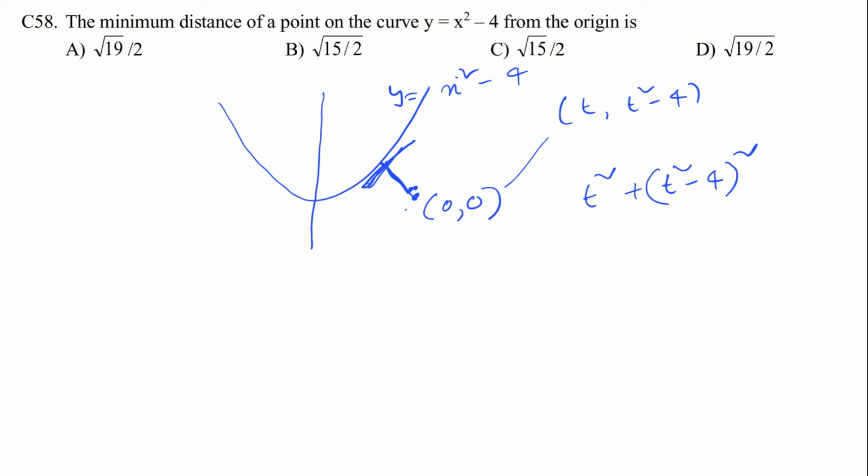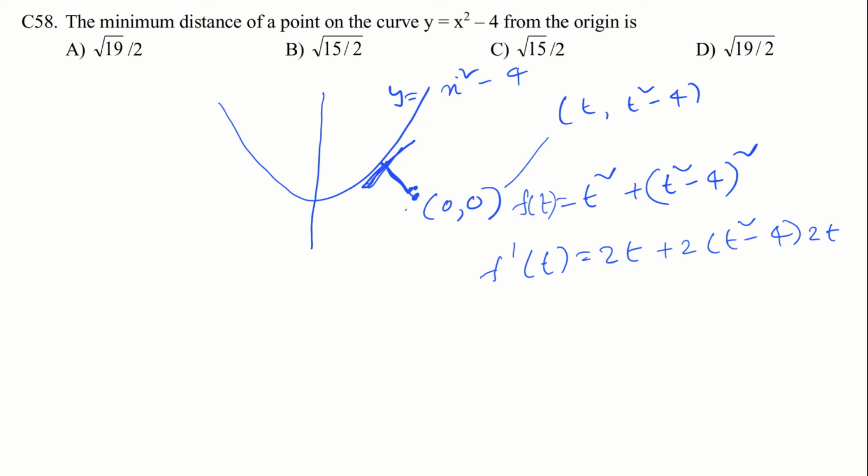So when is it minimum? For that, if I call this f of t, we go for the derivative. So f dash of t is equal to 2t plus 2 into (t square minus 4) into 2t.